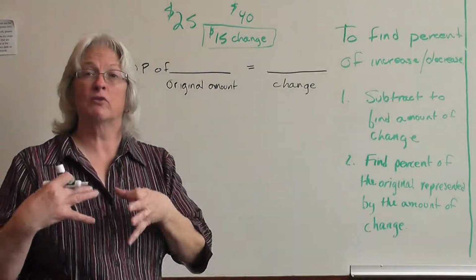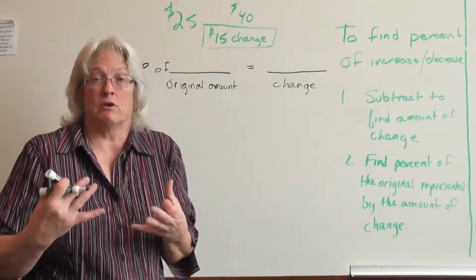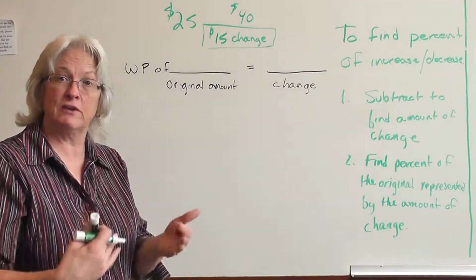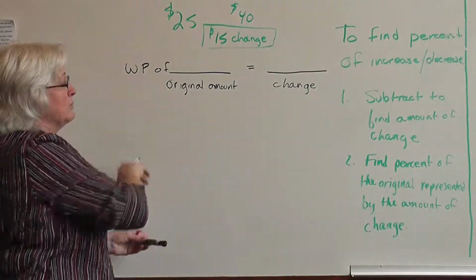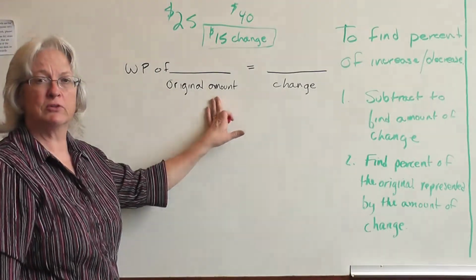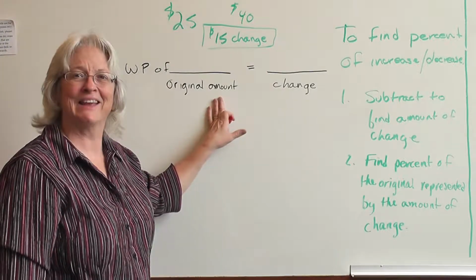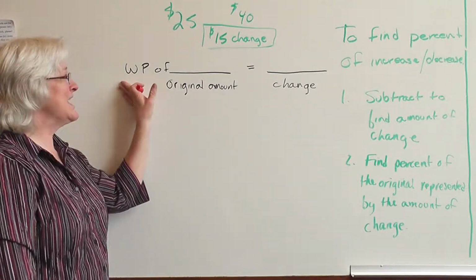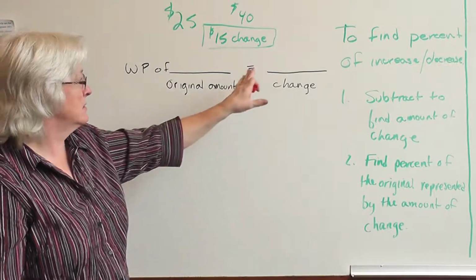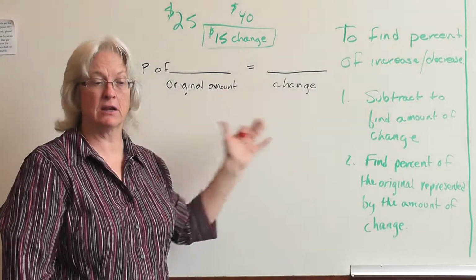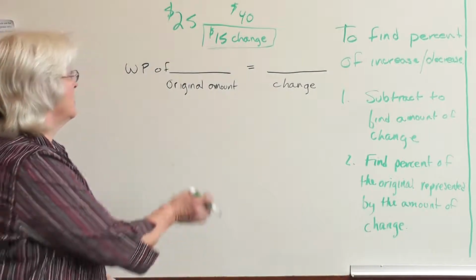There is a regular formula that you use to solve percentage of change, percentage of increase or decrease problems. You set it up just like this. What percentage of the original amount is the change? So you just set it up exactly like this.